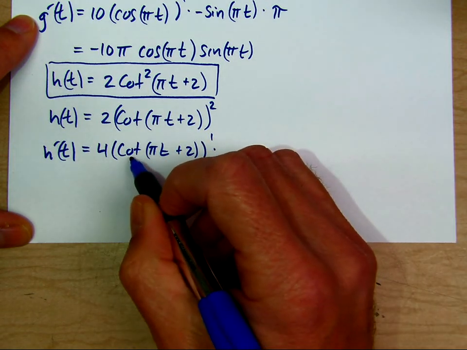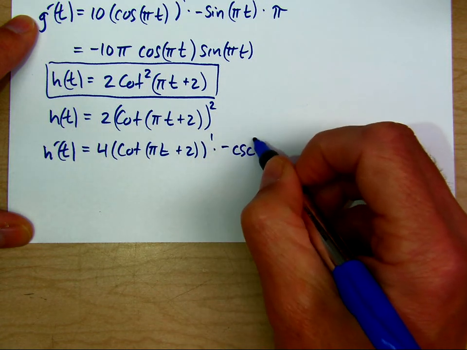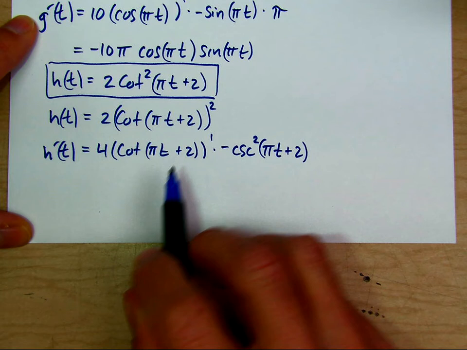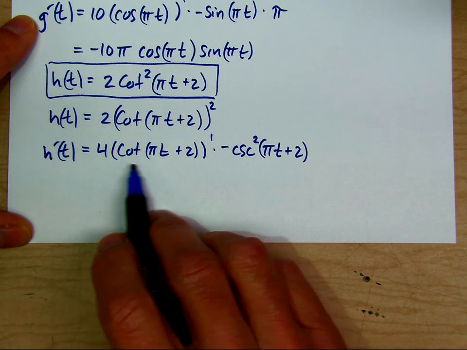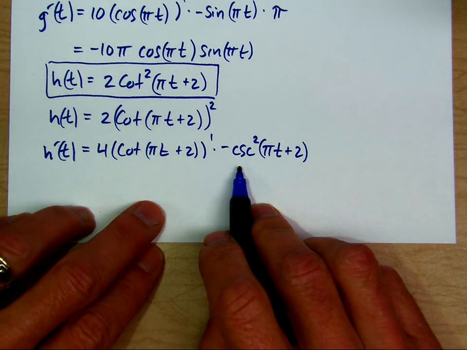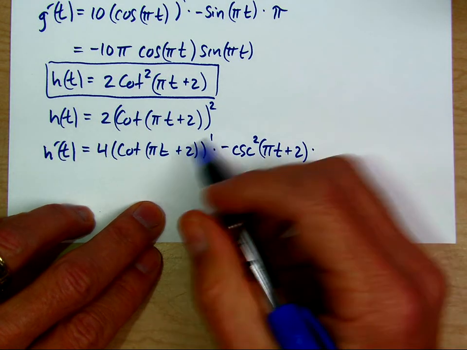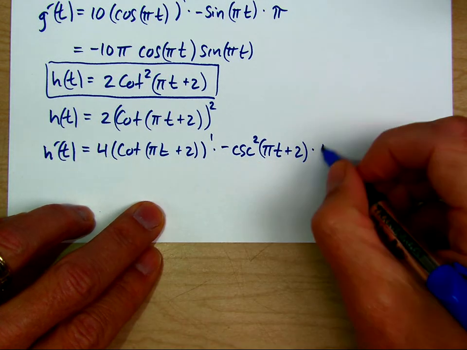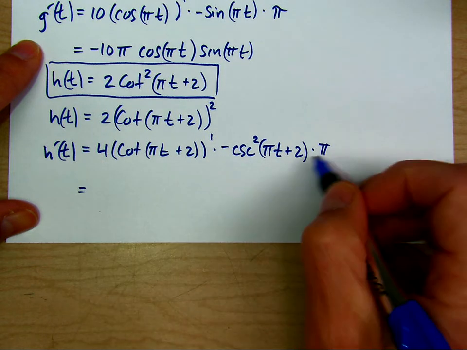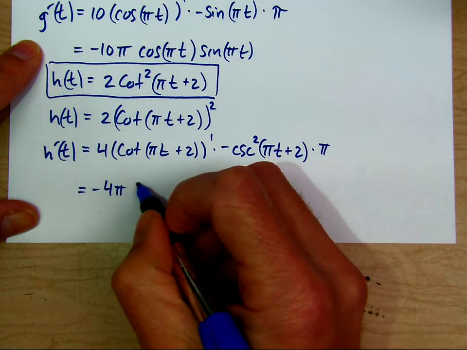But this cotangent will give us negative cosecant squared. The derivative of cotangent is negative cosecant squared, leaving the inside the same, and then times the derivative of the inside, which is pi. Negative 4 pi cotangent cosecant squared cotangent.